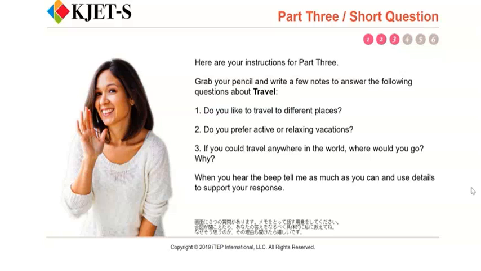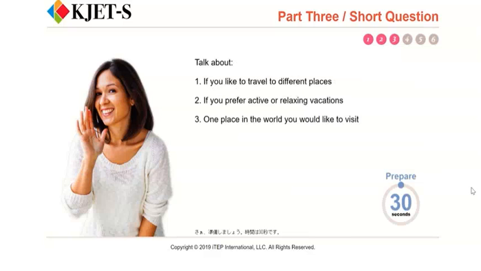If you could travel anywhere in the world, where would you go? Why? When you hear the beep, tell me as much as you can and use details to support your response. Please begin your preparation. You have 30 seconds.